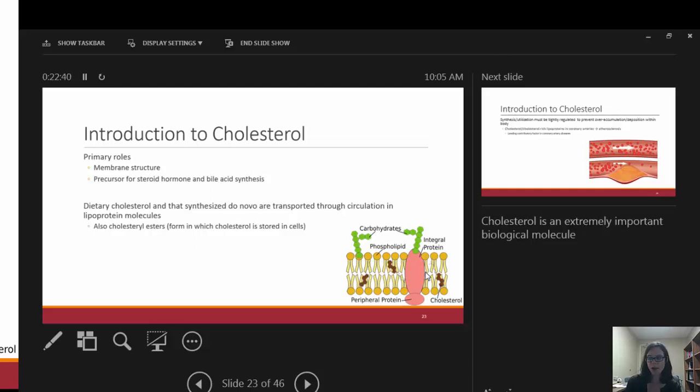So we've talked some about cholesterol, and this is an extremely important biological molecule in that it's imperative for membrane structure. We can see in this graphic that our cholesterol molecules provide structure in our cell membranes in the phospholipid bilayer. Cholesterol is also a precursor for steroid hormones and bile acids, both of which have their own crucial functions that we'll talk about.